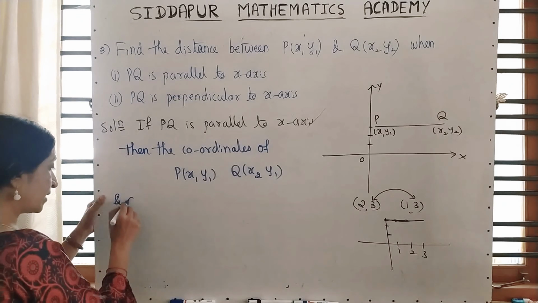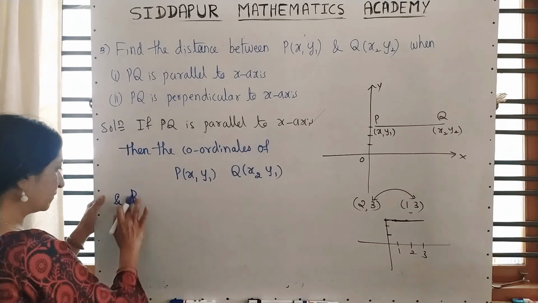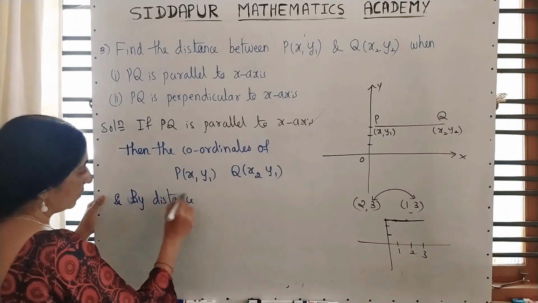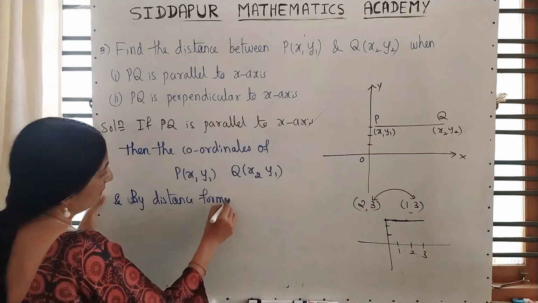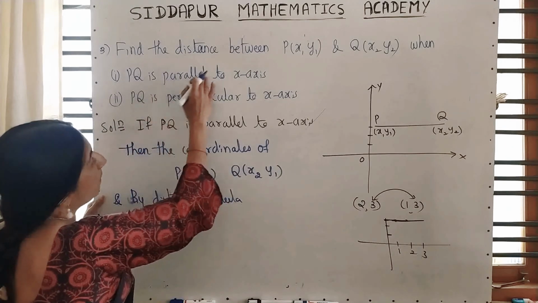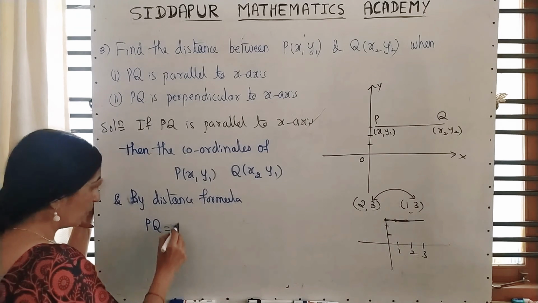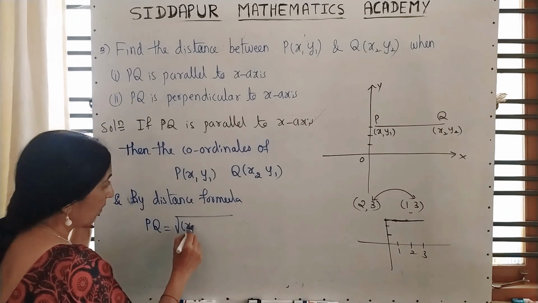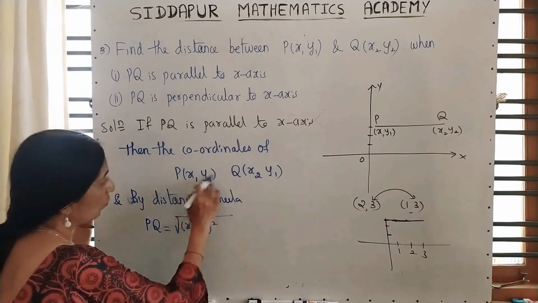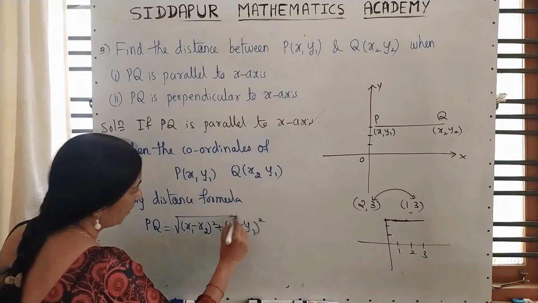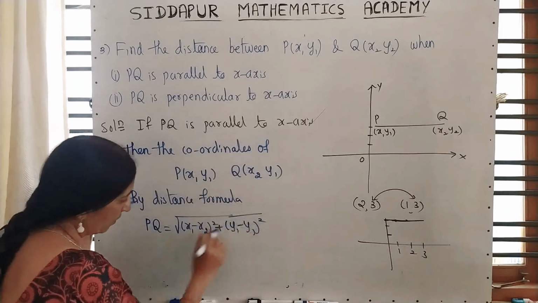And by distance formula, they are asking PQ is parallel to x-axis, find the distance. PQ is equal to root of (x1 minus x2) whole square plus (y1 minus y2), both are same, it is 0.